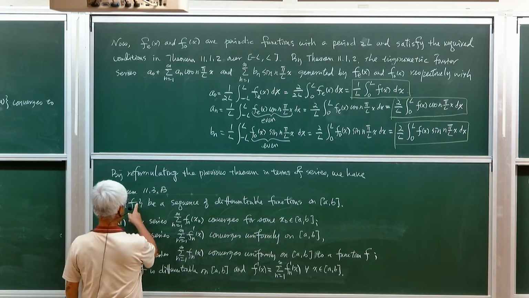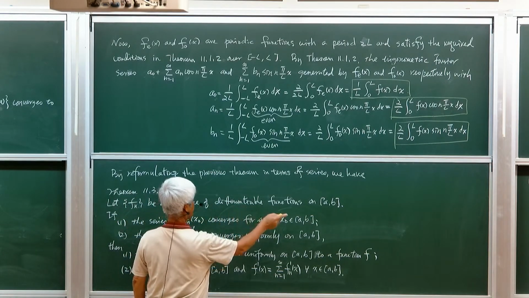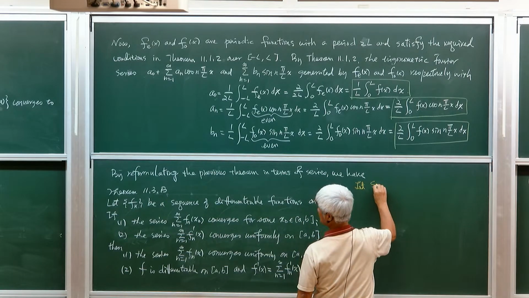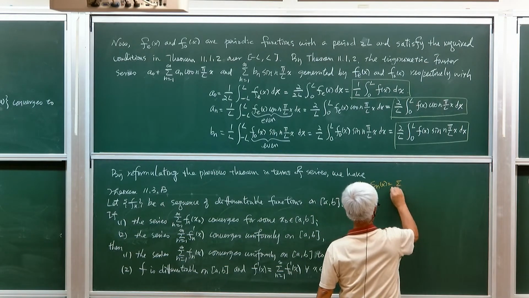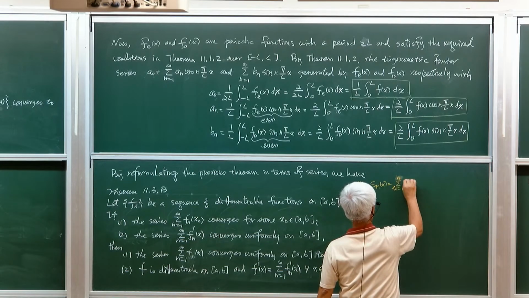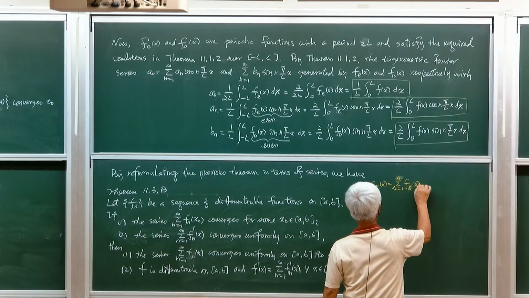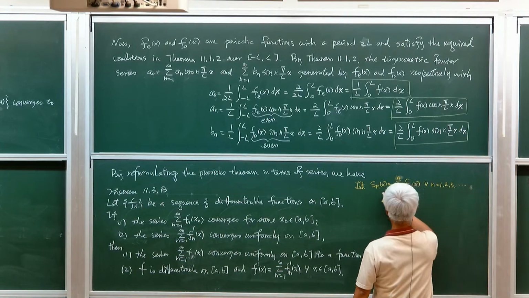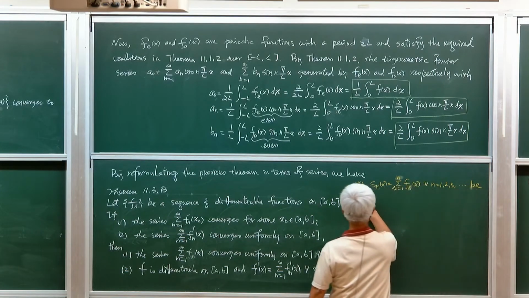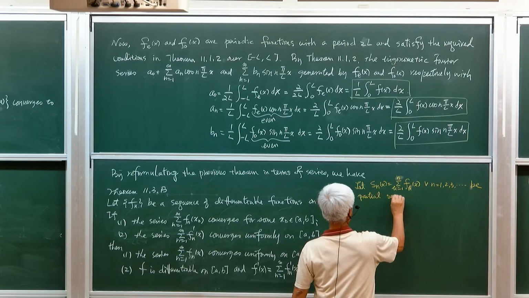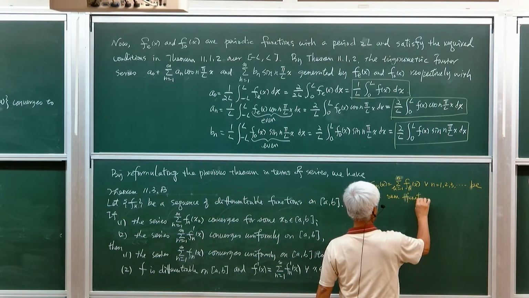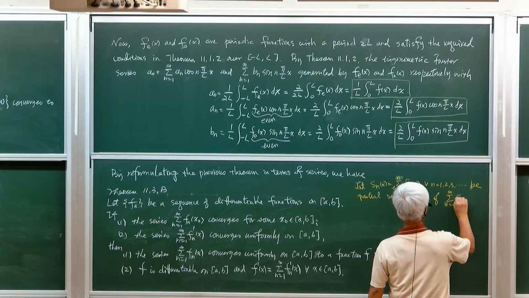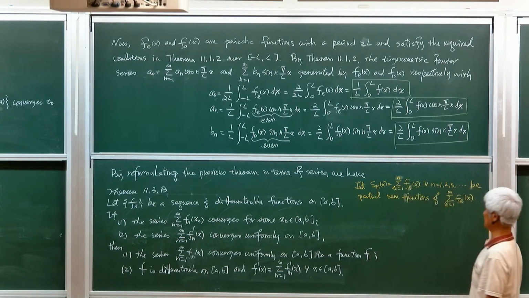We let x sub n of x be the sum from k equals 1 to n of f sub k of x, for all n equals 1, 2, 3, etc. That is the partial sum function of the series.